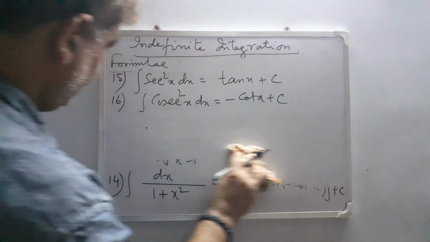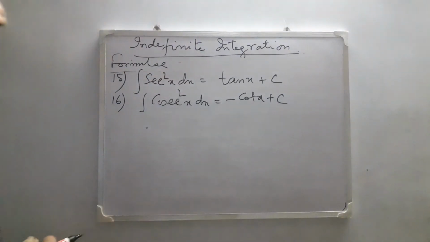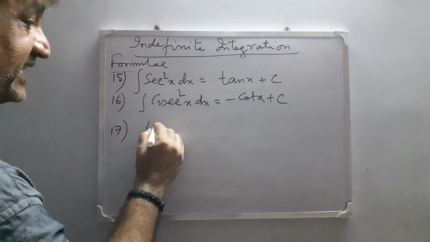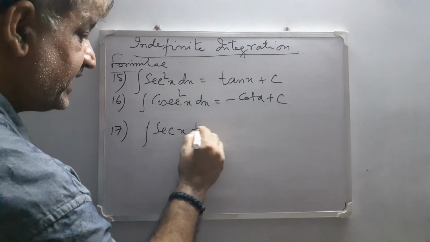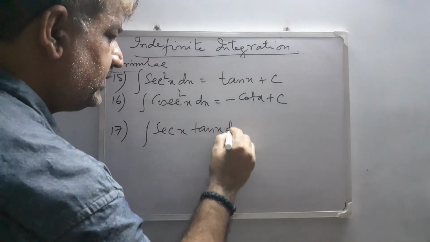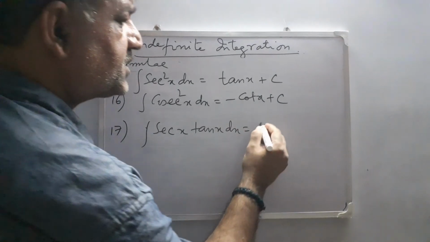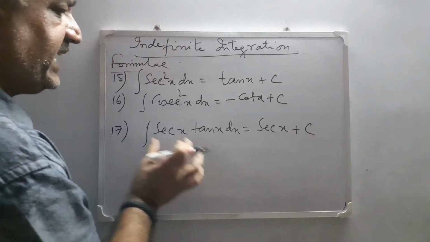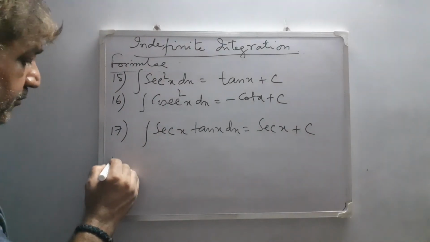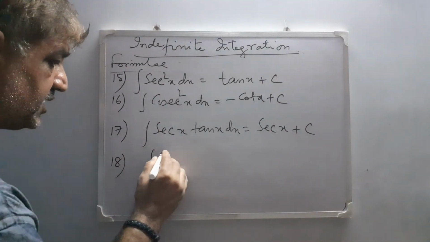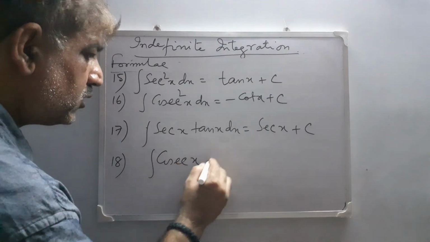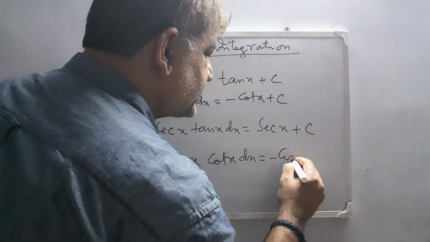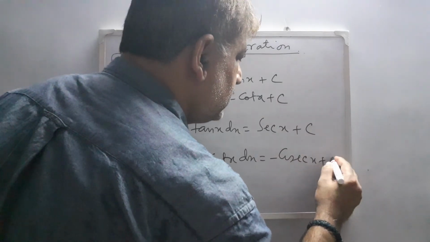Integral sec x tan x dx is equal to sec x plus c, because the differentiation of sec x is sec x tan x. Then number 18, this one is the last, integral cosec x cot x dx, that is minus cosec x plus c.